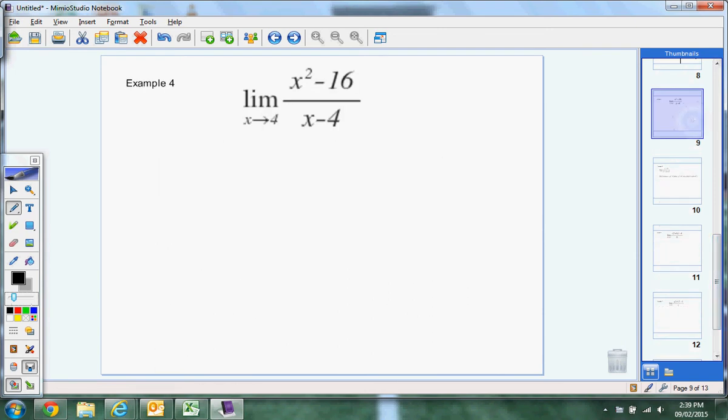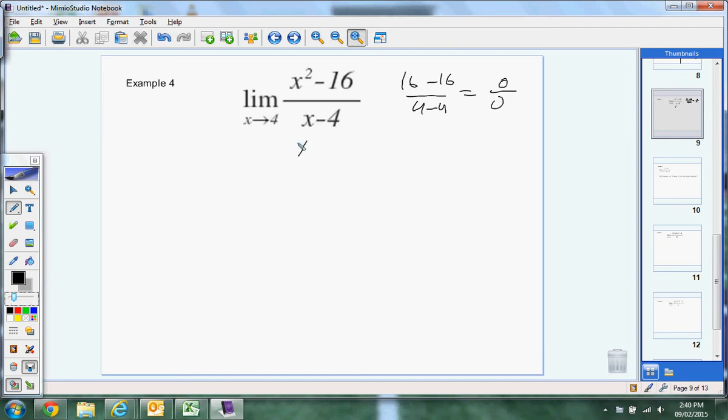So example 4. I can't plug in 4, because if I plug in 4, I'm going to get 16 minus 16 over 4 minus 4. I'm going to get 0 over 0, so that's a problem. So this is where we go back to our warm-up today, and we break it down.